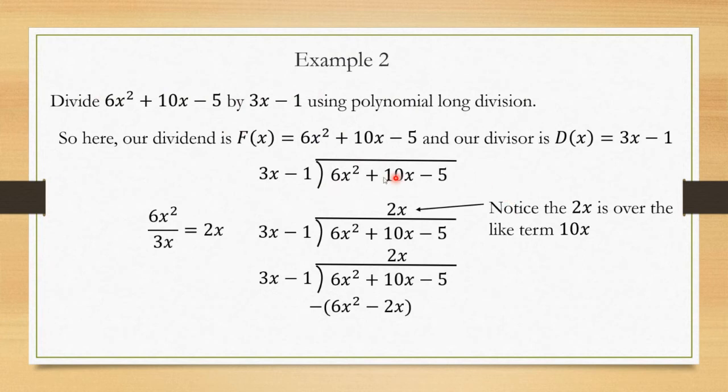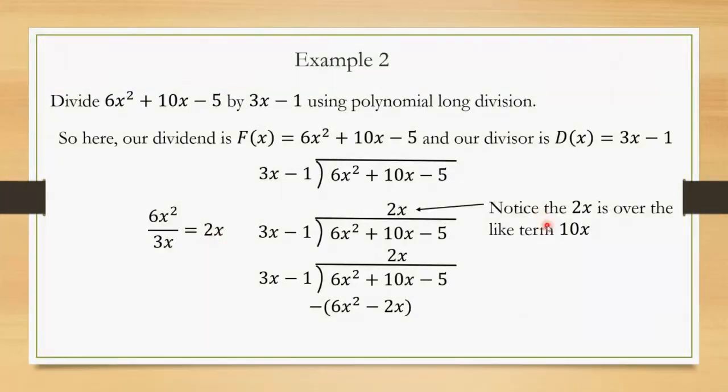Okay? So what do we do? Well, again, we divide the leading term of the dividend by the leading term of the divisor. 6x squared over 3x. And again, when you divide these monomials, you divide coefficients. That's the new coefficient. For the variables, you subtract the exponents. So we get this, 2x.